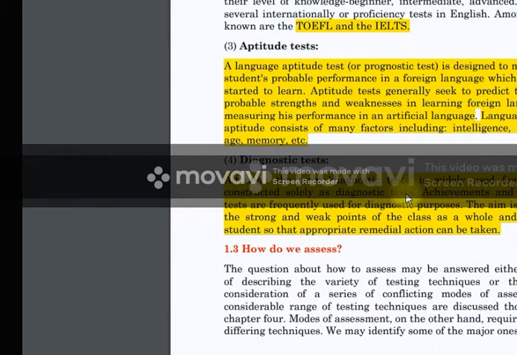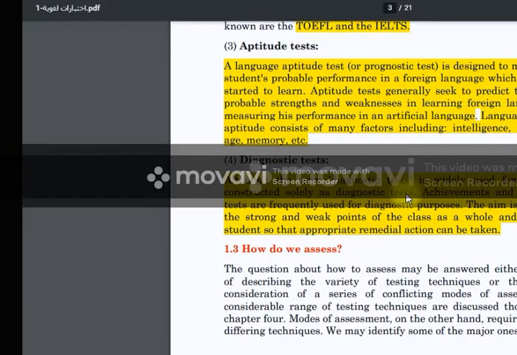So aptitude test, now go to the aptitude test, please, student. It is designed to measure the student's probable performance in a foreign language which he has not started to learn. Is it clear?